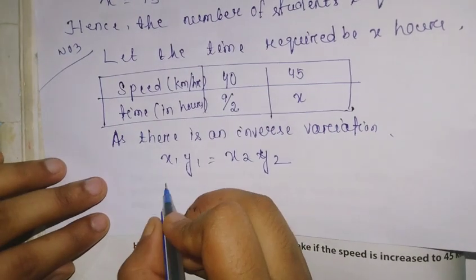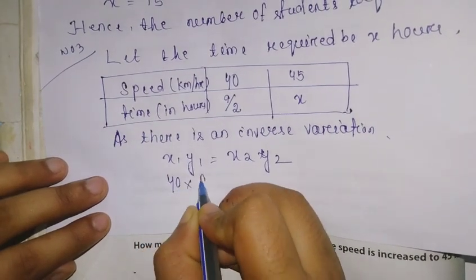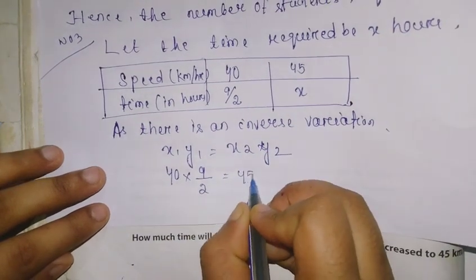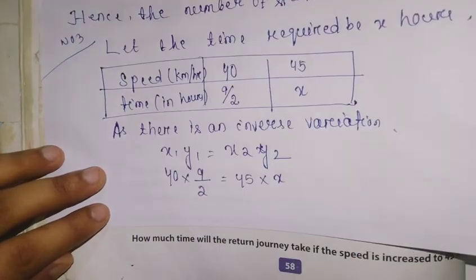Here x1 is 40, y1 is 9 by 2. Then x2 is 45 and y2 is x.